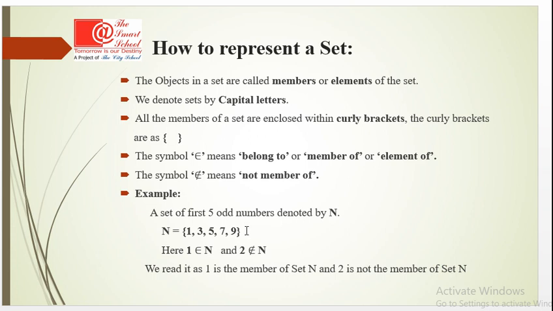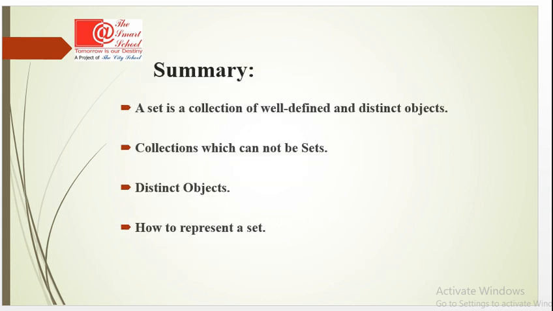Very good. Now here we can say 1 is a member of set N and 2 is not a member of set N. So I think you must be clear about all this concept.